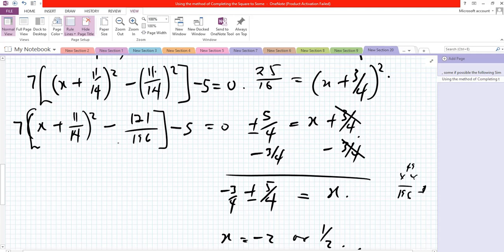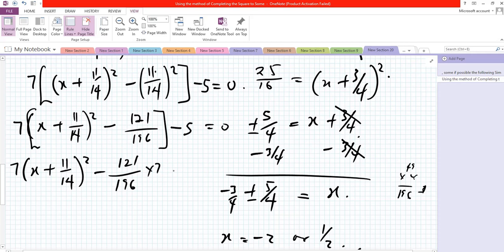So if I expand it now, I have 7 bracket open x plus 11 over 14 all squared minus 121 over 196 times 7 minus 5 equal to 0. 7 bracket open x plus 11 over 14 all squared. This one will not do.